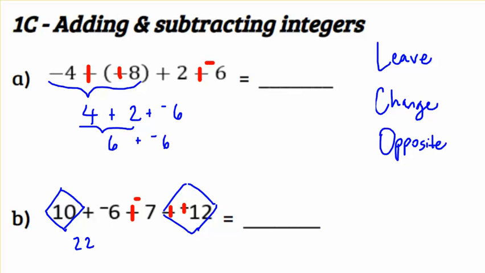Okay, now I'm going to take this -6, maybe I'll circle these so it's a different shape, and this -7. Those go together. They are going to be added because the signs are the same. When signs are the same, we add them. So 6 and 7 is going to be 13, and we keep their sign.